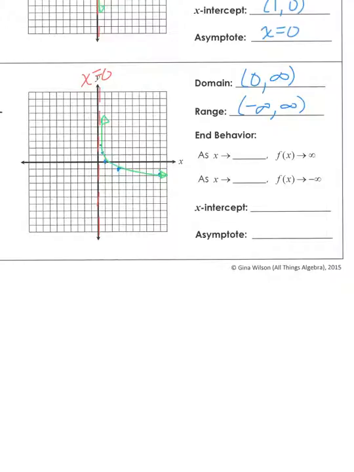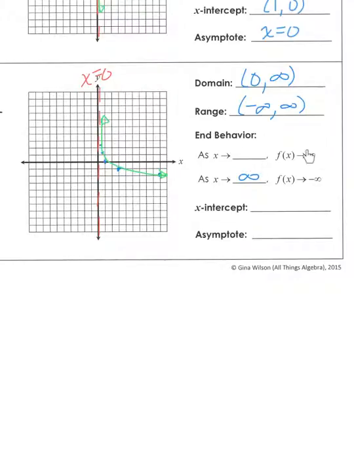Then end behavior. So I kind of talked about it a little bit here. On the right-hand side here, y is approaching negative infinity. So as y approaches negative infinity, which is right here, because y is going down, what's x doing? X is going to the right, which is positive infinity.